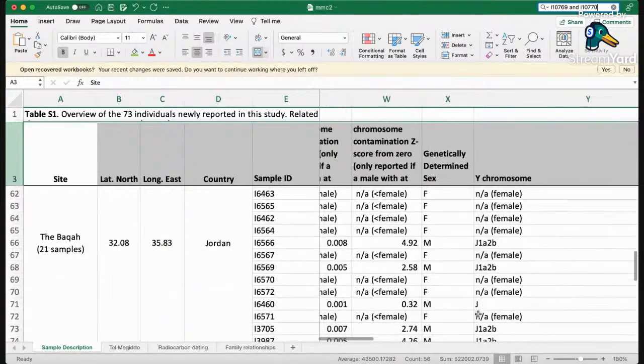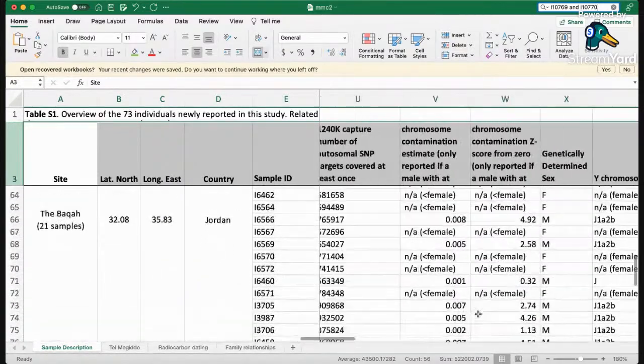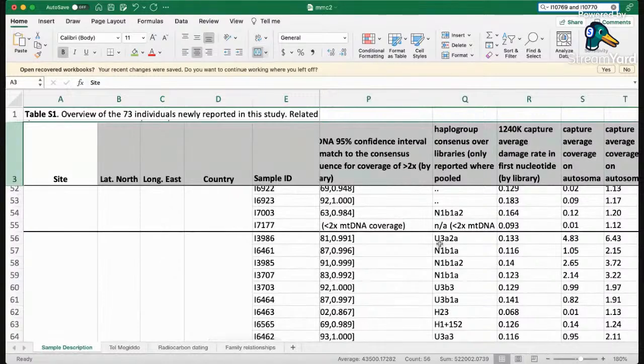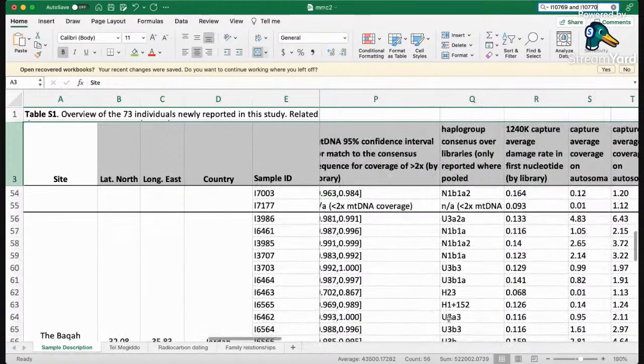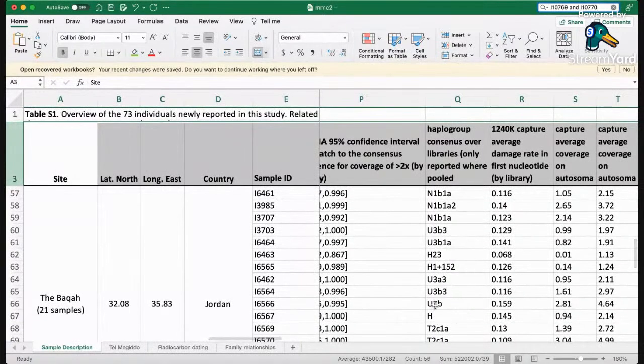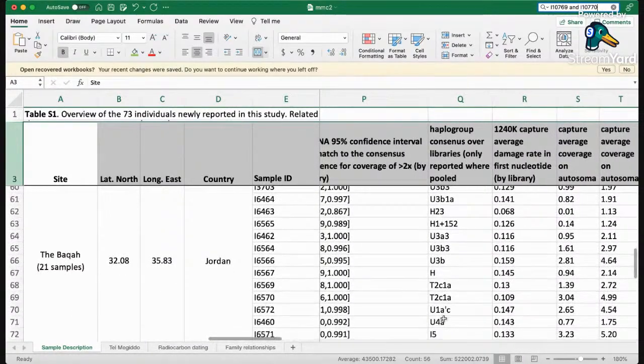Now, these are your Moabites. As we can see, their maternal DNA belongs to a few different ones: U3a2a, N1b1, H23h1, U3a3, U3b3. They have a few different maternal haplogroups.